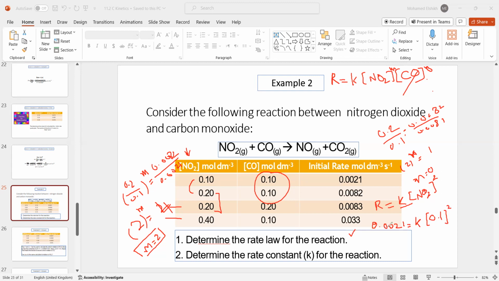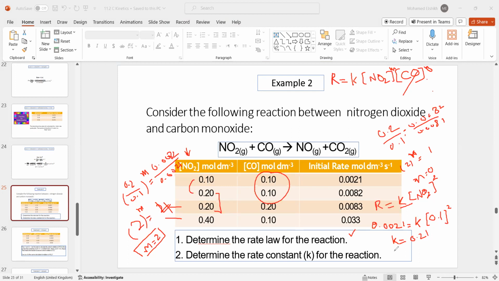If we calculate that, it will be 0.21 divided by 0.1 divided by 0.1, so k equals 0.21.